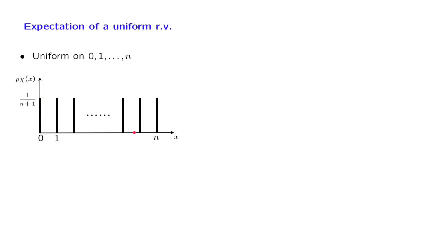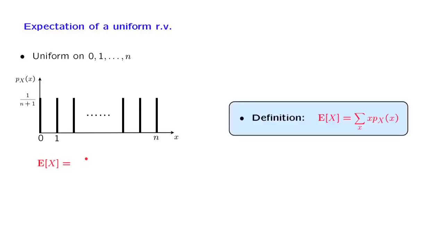It can take one of n plus 1 possible values, and so the probability of each one of the values is 1 over n plus 1. We want to calculate the expected value of this random variable. How do we proceed? We just recall the definition of the expectation. It's a sum where we add over all the possible values, and for each one of the values we multiply by its corresponding probability.